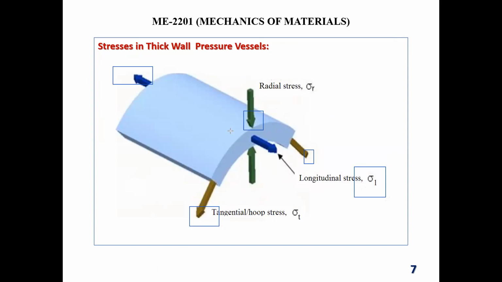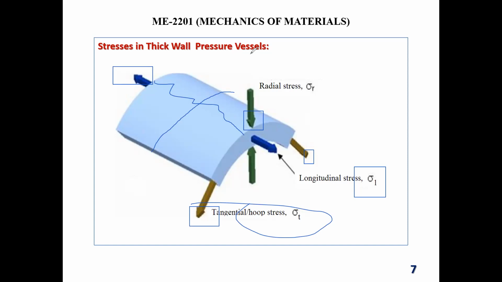So you see, due to the longitudinal stress, a crack might be generated right over here. And due to the tangential stress or hoop stress, this one might make a crack like that. And for radial stress, the radius might either increase or decrease.